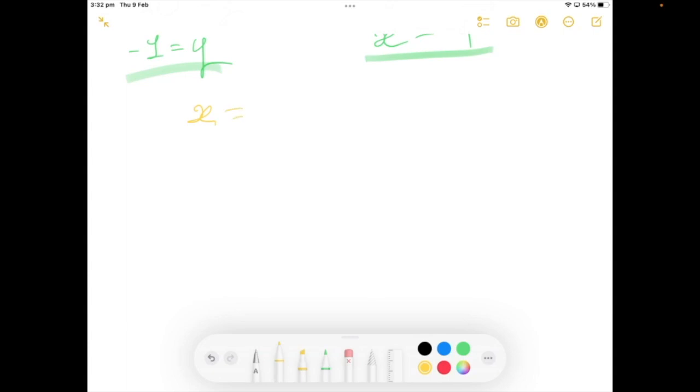x equals negative 3y plus 1. x equals 4y plus 15. So this both equals x. Oh, they're both equal to each other. That's the whole point.